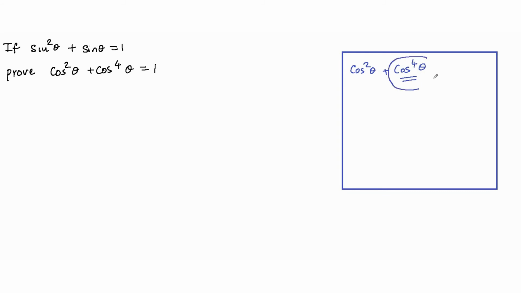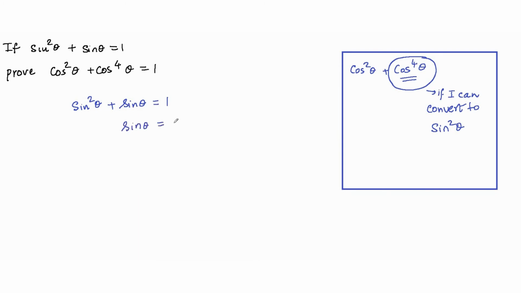Somehow, if I can convert this cos raised to 4 into sine square, if I can convert this to sine square theta, then I will have cos square plus sine square, which is equal to 1. So now let me see if I can convert this cos raised to 4. Let's see what is given. So we have sine square theta plus sine theta is equal to 1.